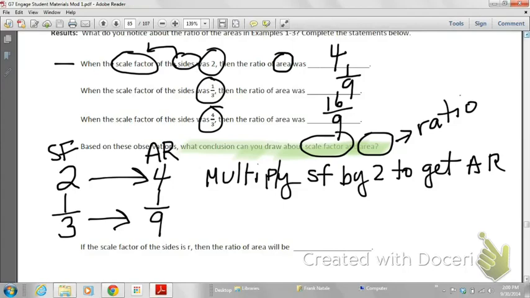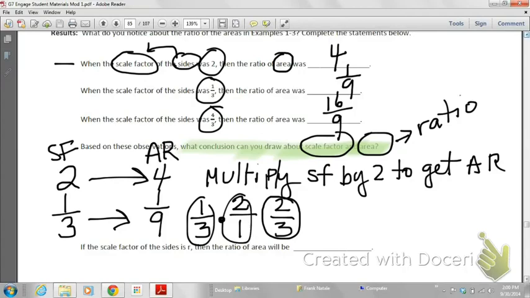Let's go ahead and try that over here. 1/3 times 2. And remember, with multiplication, you're just doing straight up multiplication. So 2 over 1 just makes it a little bit easier to look at. 1 times 2 is 2, 3 times 1 is 3, and we have 2/3. So when we multiply 1/3 times 2, we get 2/3. We don't get 1/9.